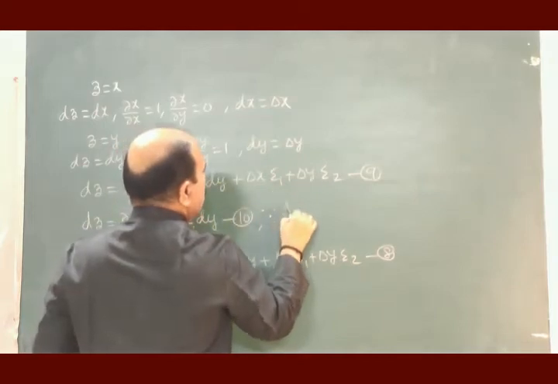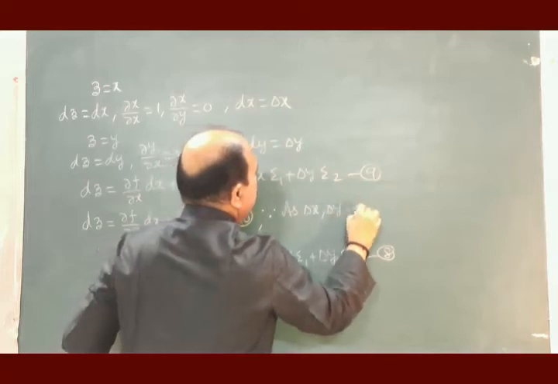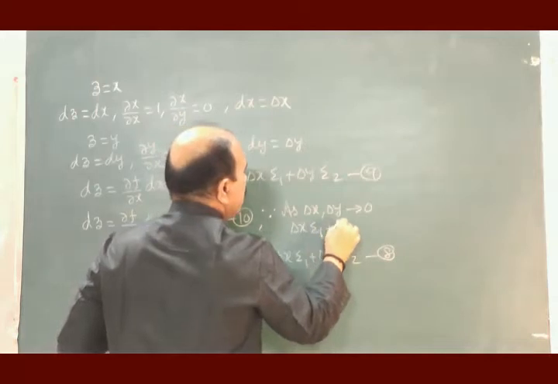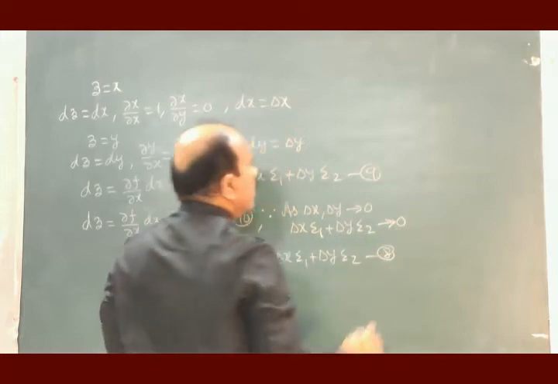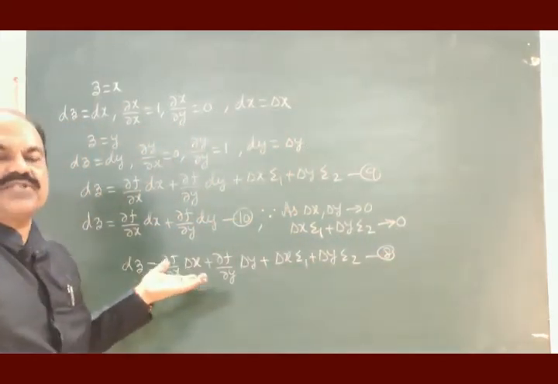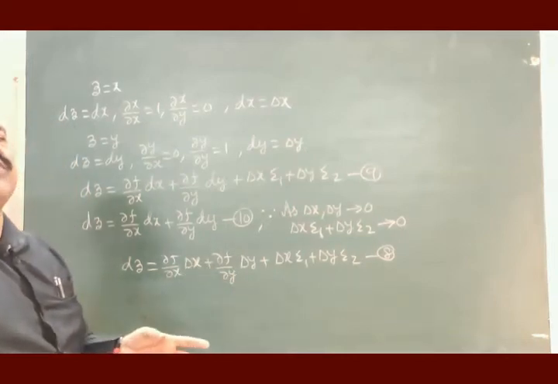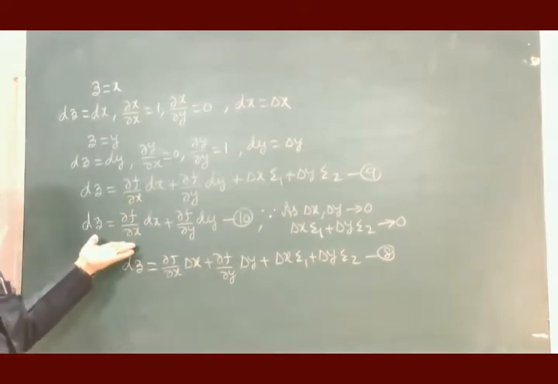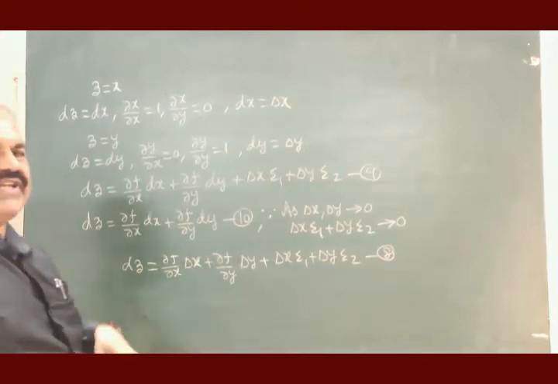Since as delta x, delta y tend to 0, delta x sigma 1 plus delta y sigma 2 will also tend to 0, and therefore the expression for total differentiation of a function z is equal to f of x y is simply dz is equal to dou f by dou x into dx plus dou f by dou y into dy, equation number 10.